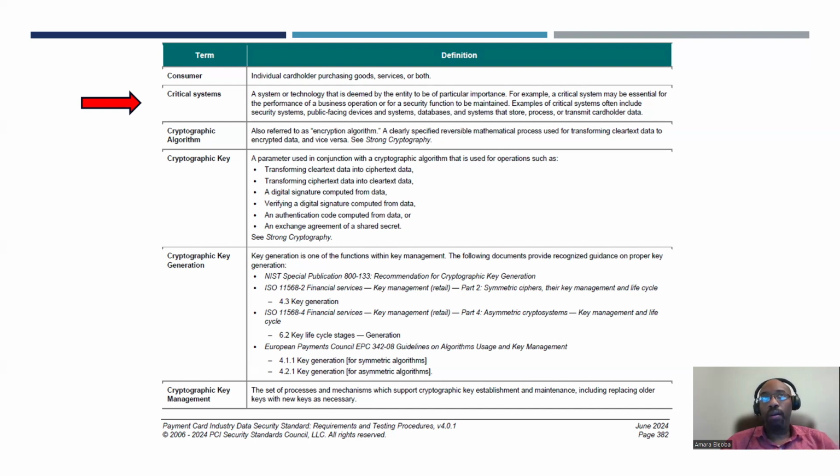Now, we might have a server that might not be critical because it is in the development environment or in the test environment. So that might not be considered critical because it might not contain PCI data, right? So it's very important to know the difference between critical systems within PCI and non-critical systems as well.